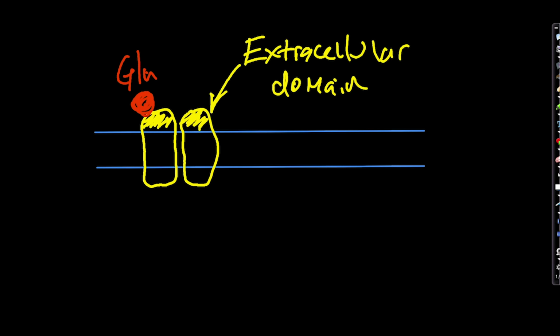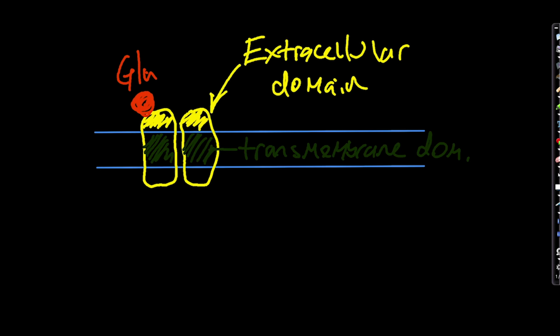Then you have another region, which I'm going to do in green here. This is referred to as the transmembrane domain, because it traverses the membrane. It goes through the membrane.